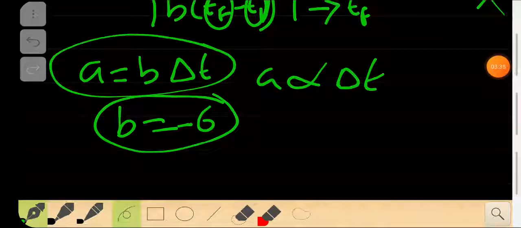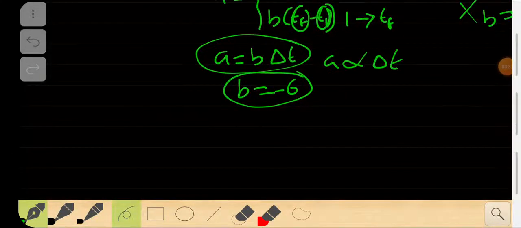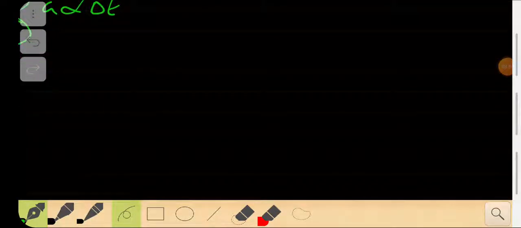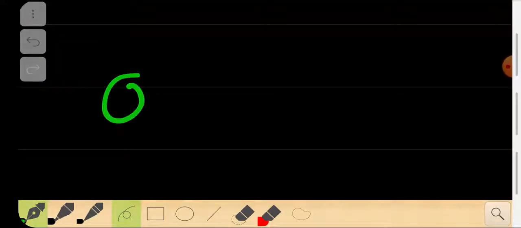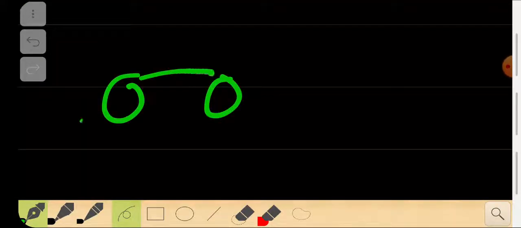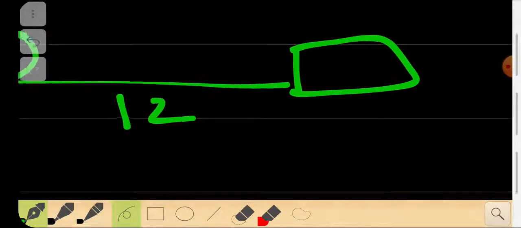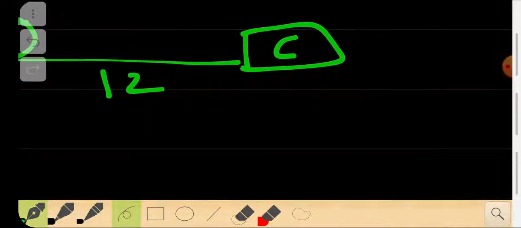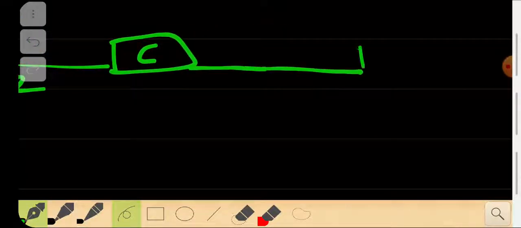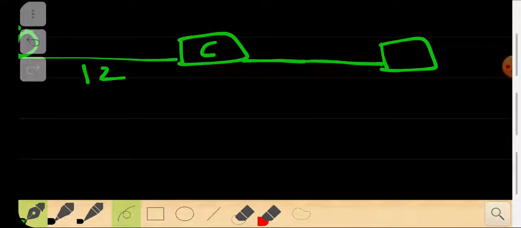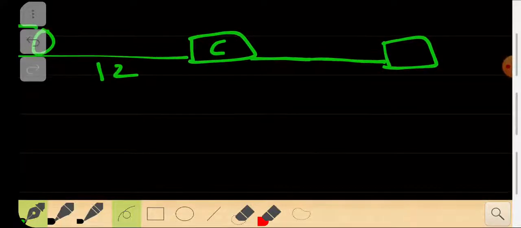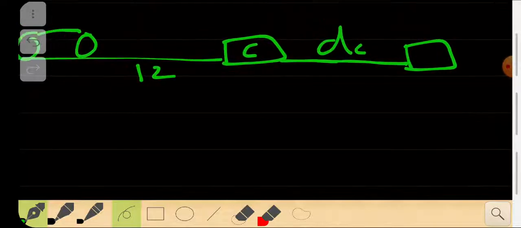Now let's solve this problem. Something we can find straightforward is that if you have a bicycle and there is a car 12 meters apart, and the stopping distance of the car is this much distance, this will be the distance traveled by the car before stopping, and this is also the hitting point.